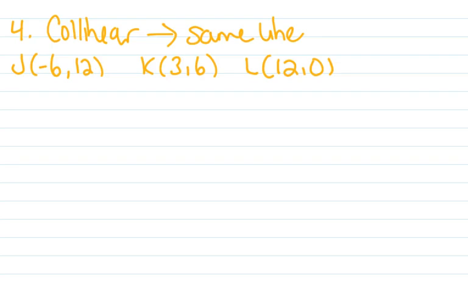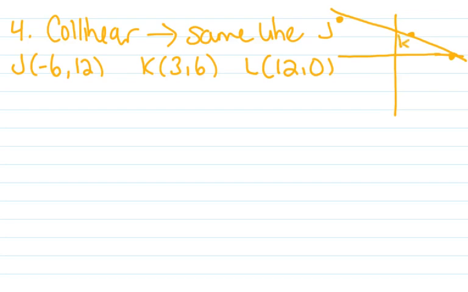If the slope is the same, then I know that they're on the same line. Okay? Because if I have these points here, I'll just draw a quick sketch. So (-6, 12) might be up here, (3, 6), and (12, 0). I'm going to check now if they're on the same line. Okay?